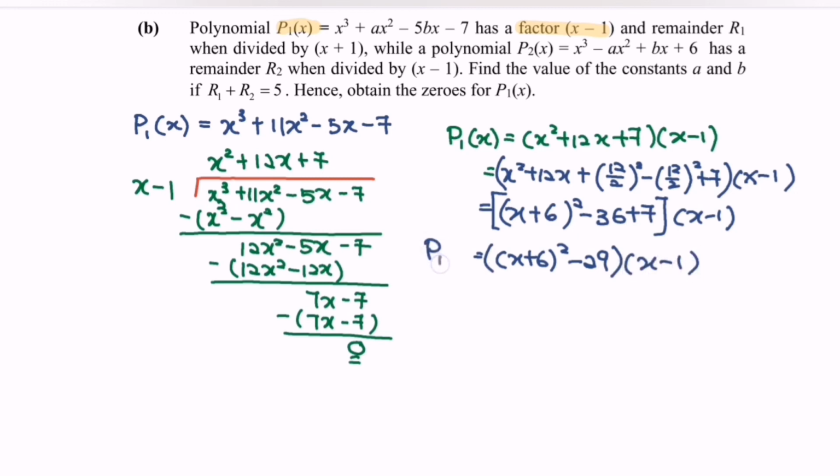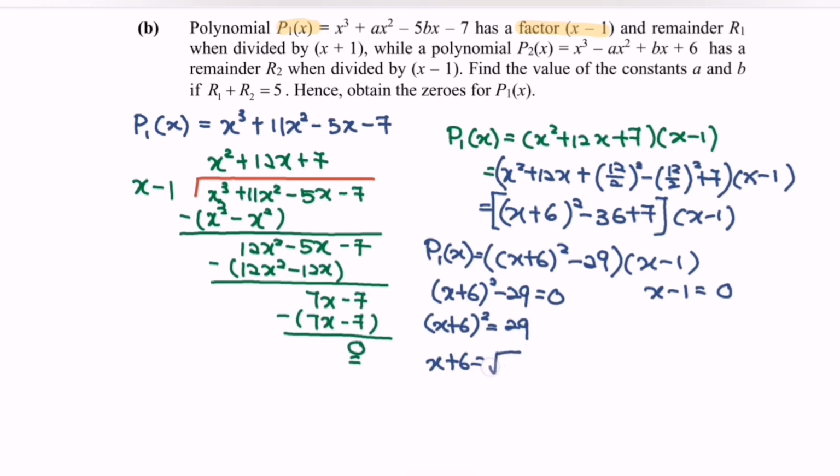So we have p1(x). The question asks us to find the zeros, meaning that p1(x) = 0. So (x + 6) squared - 29 = 0, and x - 1 = 0. So in here, (x + 6) squared = 29. So x + 6 will be equal to the square root of 29, x + 6 equals negative square root of 29, and x is equal to 1.